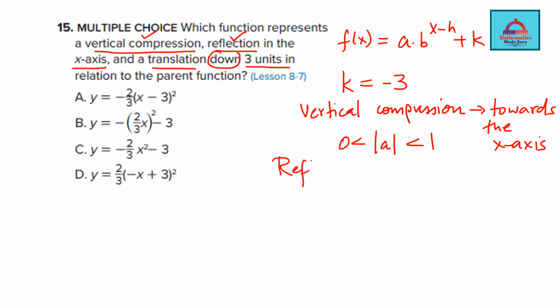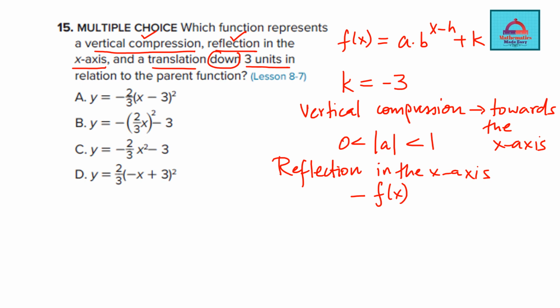So it's given here, reflection in the x-axis. The condition that comes true here when reflection is happening is that the graph will have a negative sign. So you'll have something like negative f(x). Outside the function, you'll get a negative sign, and this is happening when the reflection is across the x-axis.